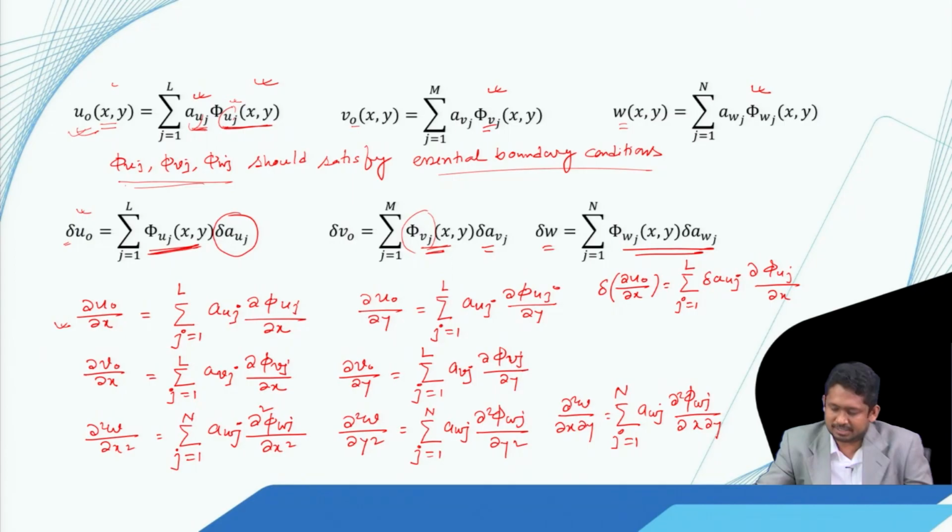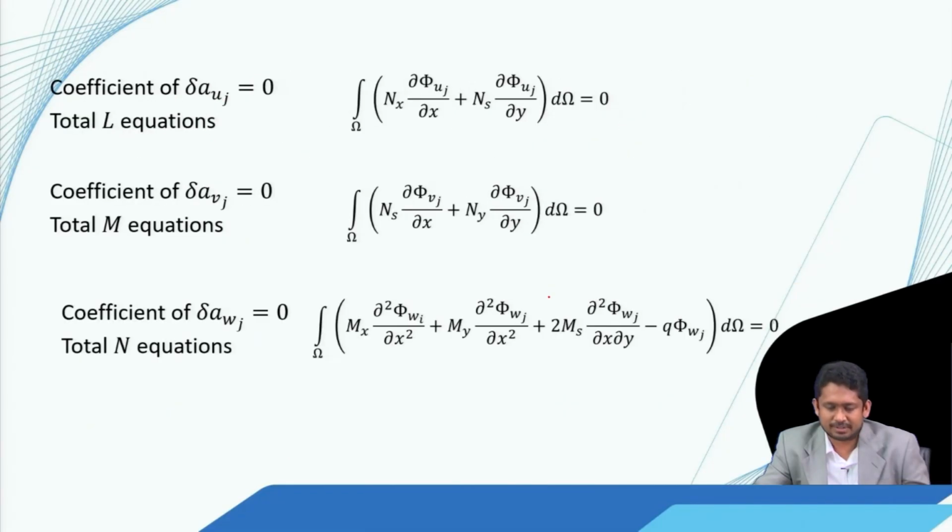Accordingly, we can define the variation of all these derivatives. The only thing is that this quantity A will be varied, but the derivatives of phi will not be varied, because since we know phi, we know their derivatives also and they are already defined.